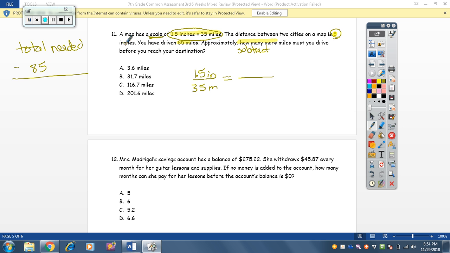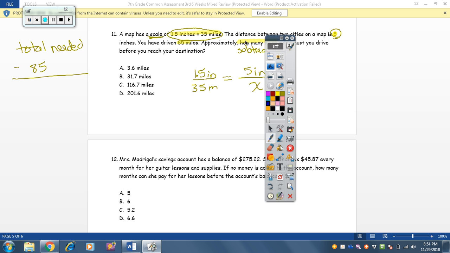Five inches is what the map gives you. It's tricky, right?